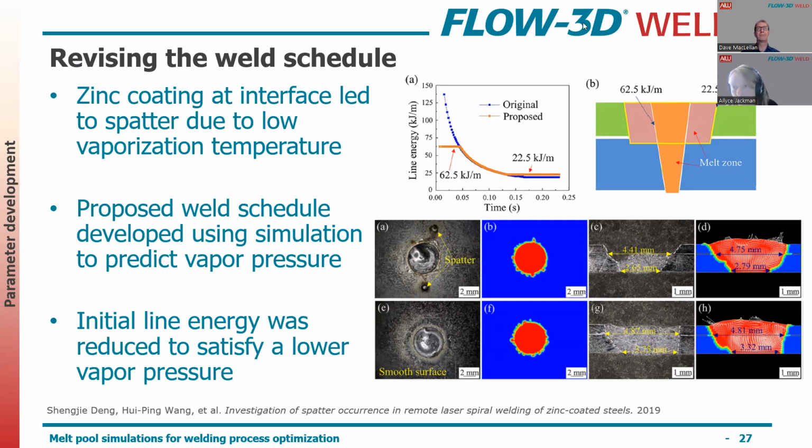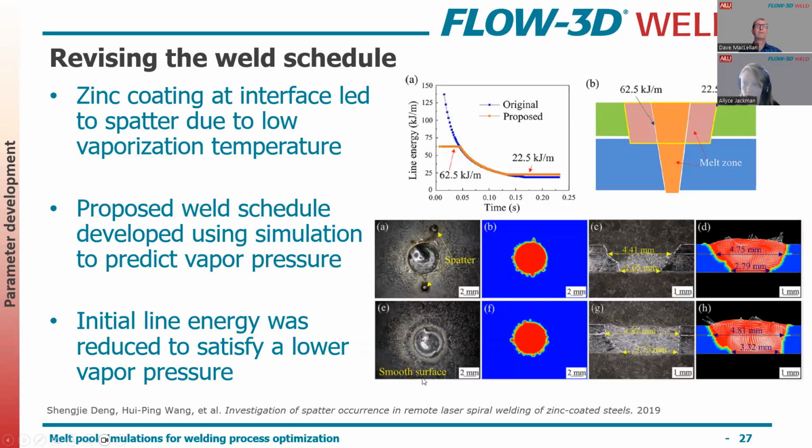And what they found was that by reducing this initial line energy, so you can see the original weld schedule is here in the blue, they kind of ramped up the line energy, and then in the proposed schedule, they made that constant to begin with, and then they were able to reduce the spatter. So then they go back to the experiment, and they were able to confirm that this new schedule did indeed produce a smoother weld bead.